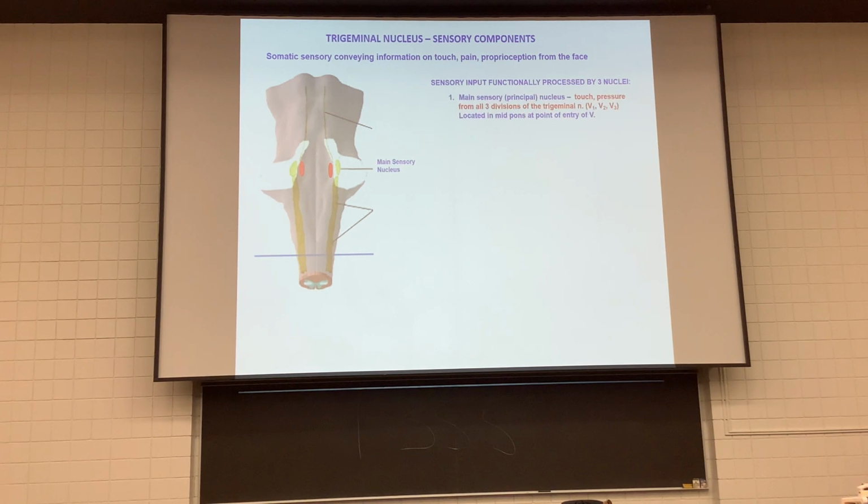So, 3 nuclei. Obviously I've said this maybe 3 times, so you think it might be something important? Yeah. Sensory input is processed by 3 different nuclei. The main sensory nucleus is located right where cranial nerve 5 comes in. Touch and pressure from all 3 divisions of the trigeminal nerve.